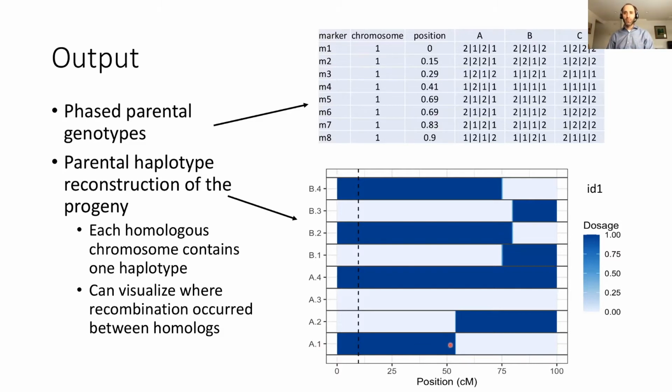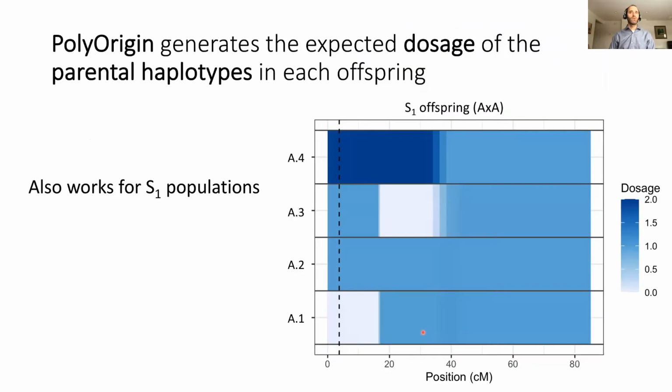So haplotype 8.1 transitions to haplotype 8.2 at this point of the chromosome. We can deduce that those 2 homologous chromosomes were synapsed and a recombination occurred there during the meiosis that led to this particular offspring. So that's one of the visualizations that we can have of the output from the software.